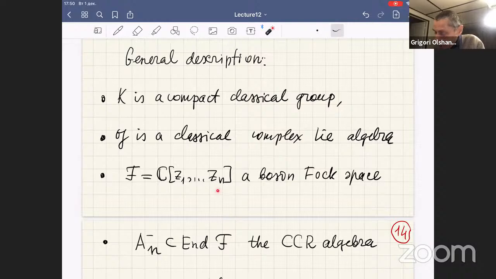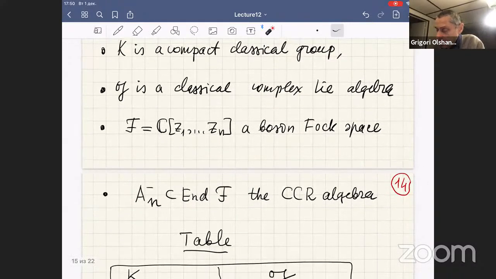I will explain what this n is. Next, we need our algebra, the CCR algebra. This is my notation for the Fock space, and this is some subalgebra. I explained it. It is a dense subalgebra in the algebra of all operators on our Fock space.